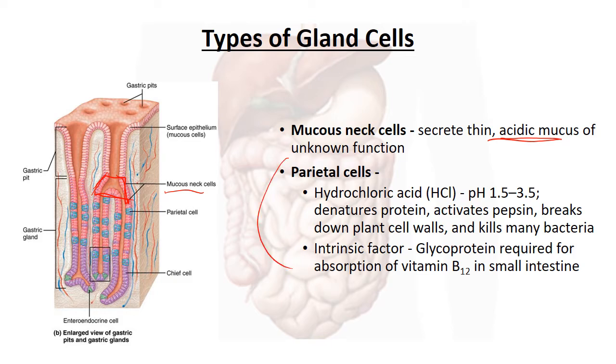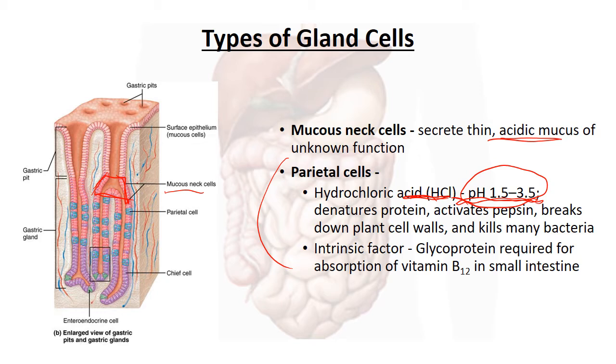Parietal cells are very important. These are the ones that secrete the hydrochloric acid. The hydrochloric acid has a pH of 1.5 to 3.5. Remember, our blood typically has a pH of 7.35 to 7.45. So this is extremely acidic compared to our physiological normal.